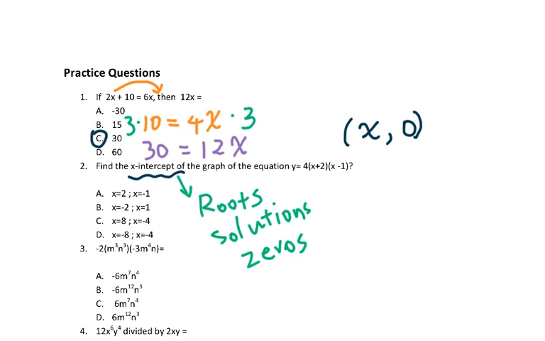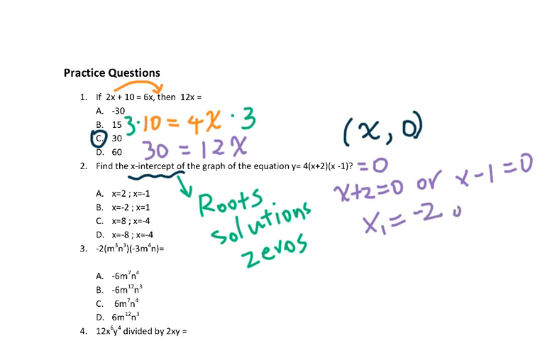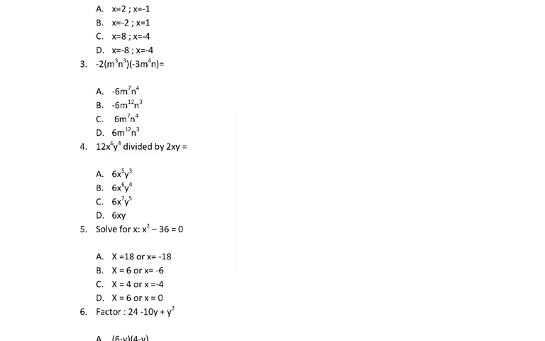When you're looking for roots or x-intercepts, that means you set this equal to 0. Then you will make x plus 2 equal to 0 or x minus 1 equal to 0. Therefore, x1 equals negative 2 or x2 equals 1. B is your answer.